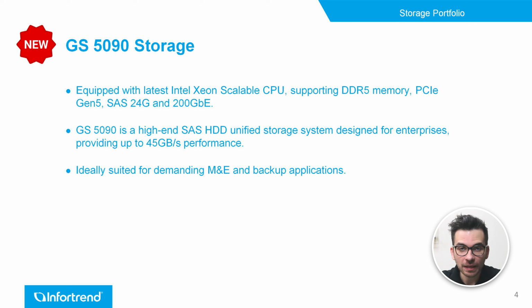Now, for the main highlights of the newest model. First of all, it is equipped with the latest Intel Xeon 12-core Scalable CPU, the same one that we're using in GS 5024UE model.